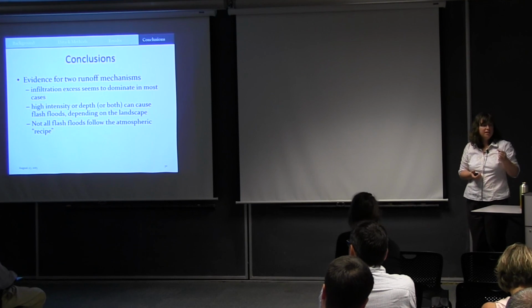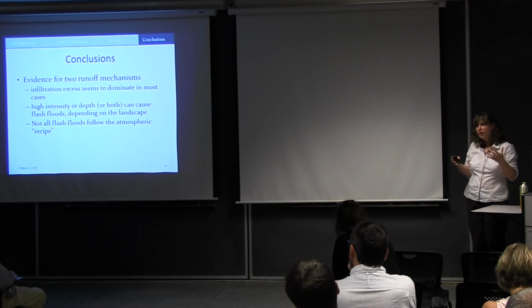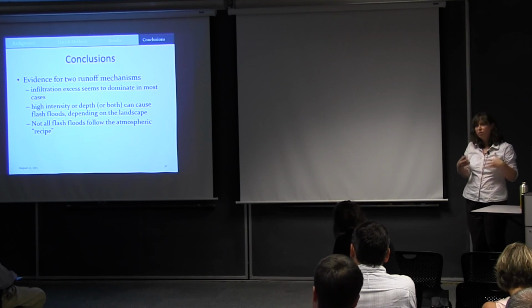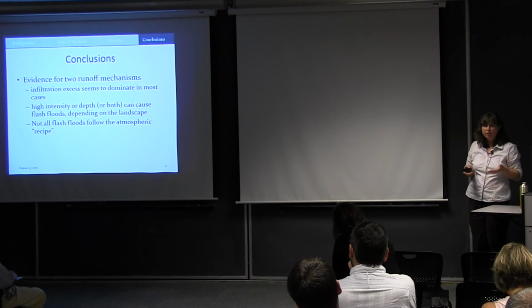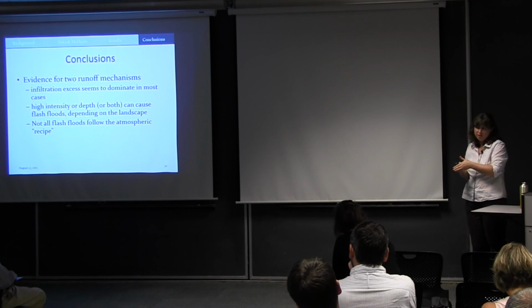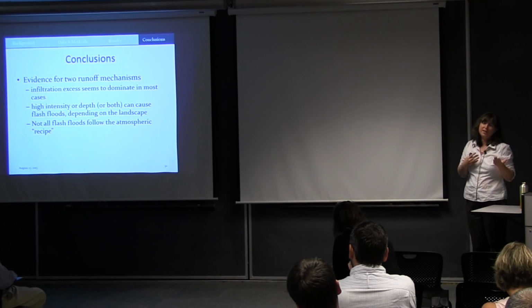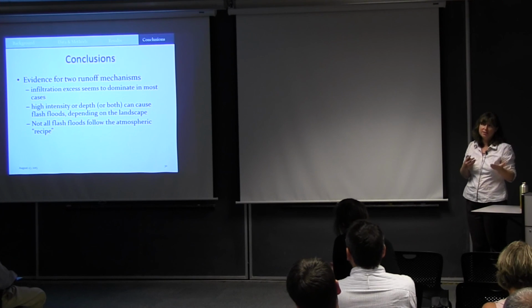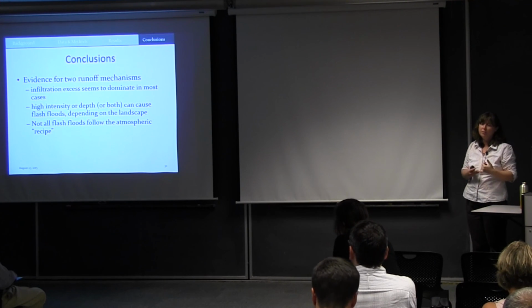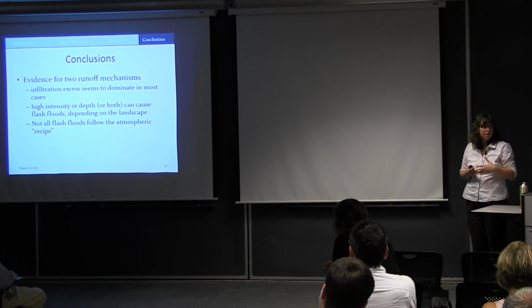And we can see that not all flash floods require especially intense or especially high accumulation rainfall, which is important because a lot of research into flash floods is looking at these intense storms. And I'm saying that we need to be looking at the landscape too, and look at places that are vulnerable due to soil properties, slopes and impervious areas.